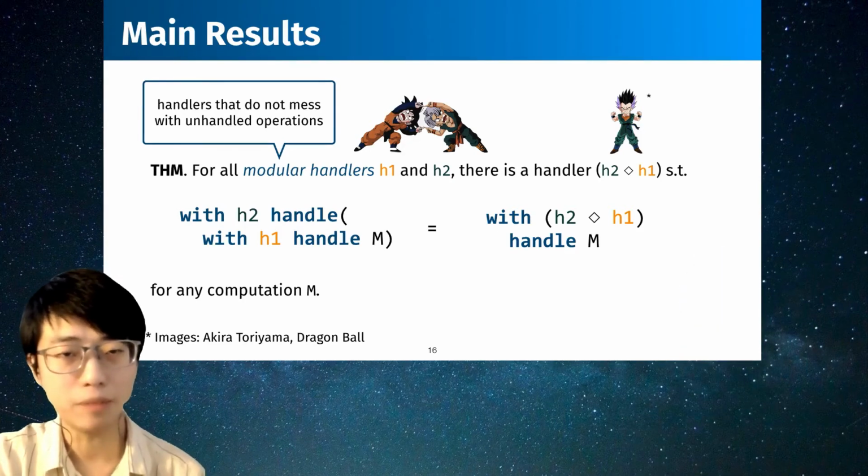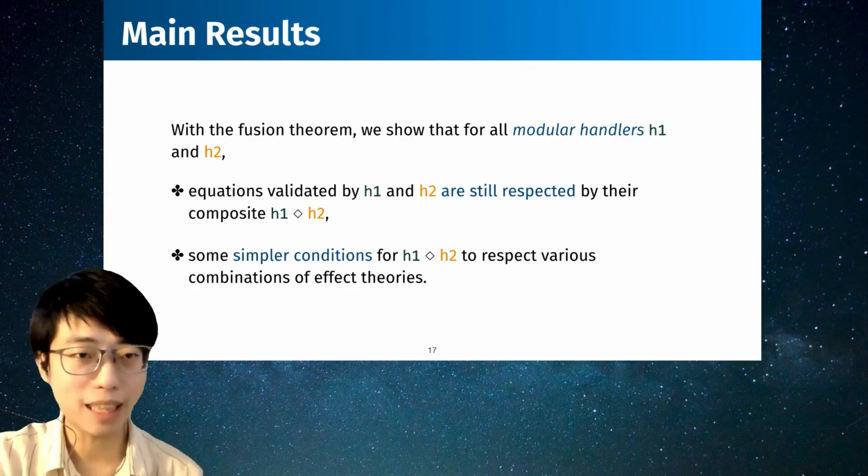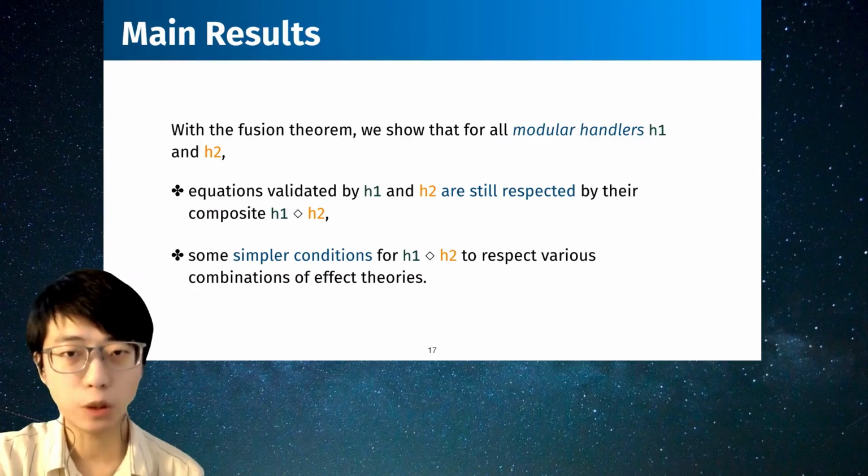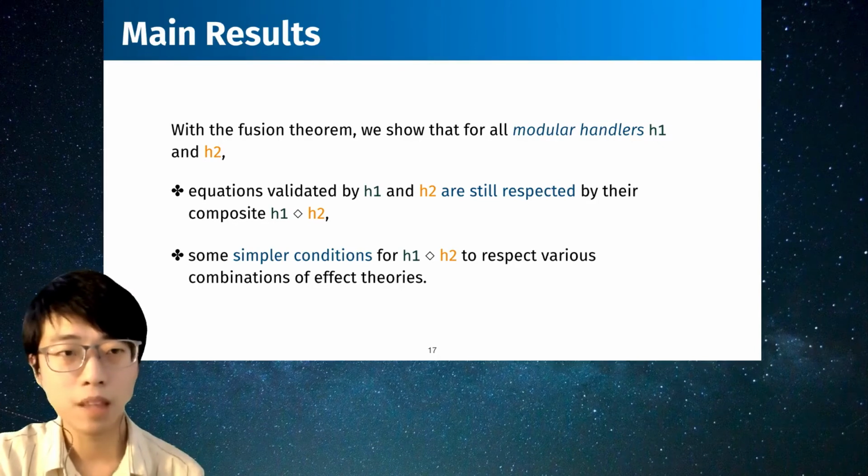With this fusion theorem, we can show a number of results relating the compilations of effect theories and the sequential composition of handlers. The first one here says that all equations respected by handlers H1 and H2 respectively are still respected by their composite handler. In other words, if H1 respects a theory T1 and H2 respects a theory T2, then the sequential composition of H1 and H2 respects the sum of T1 and T2, which is simply the combination of T1 and T2 without any new interaction equations.